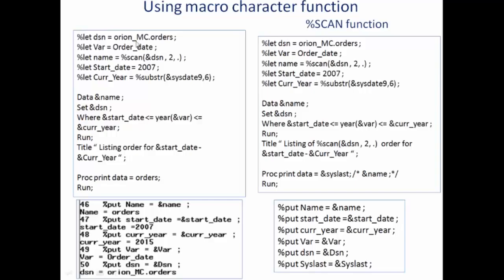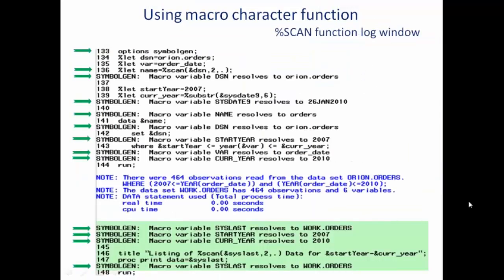Here is an example using the scan function. The same oran underscore mc dot order dataset we are referring to. Out of that, we are creating a new macro called name using the scan function on this variable, interested in the second part of the name. The second part is mc.order. Once you run the program, we get information in the log window like this.